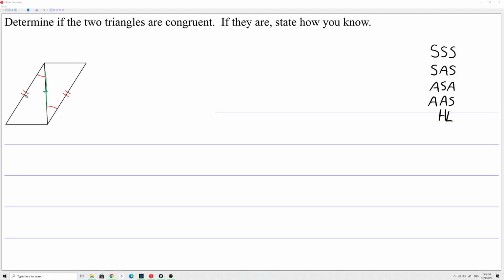Now the 2 markings tell us that this is another pair of congruent sides. So we have 2 sides, and finally we do have one angle pair that's congruent. So we know that these 2 triangles are congruent by side, angle, side.